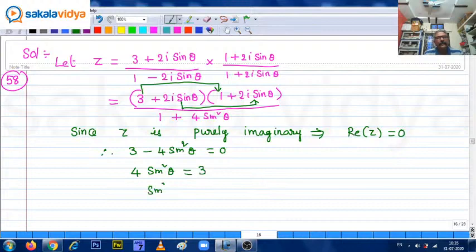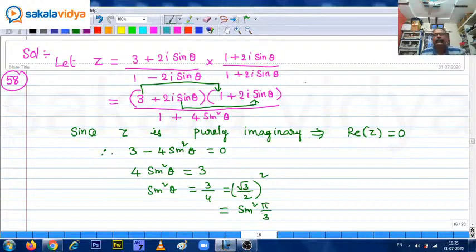Sin square theta equals 3 by 4. This we can write as root 3 by 2 whole square. So this we can write as sin square 60 degrees, pi by 3.